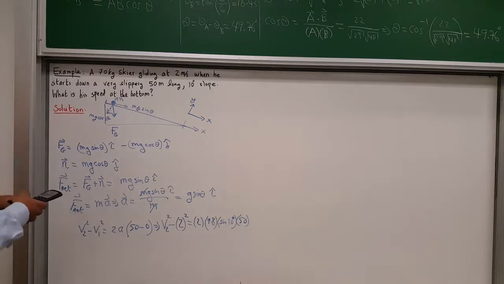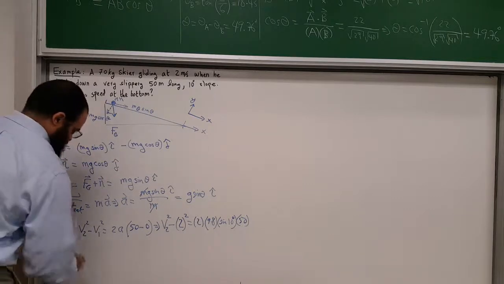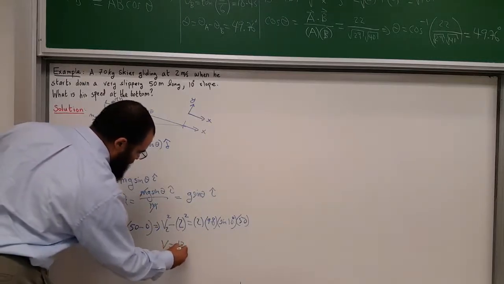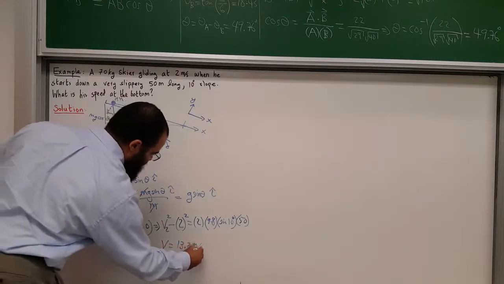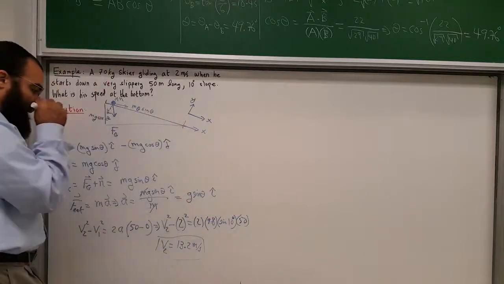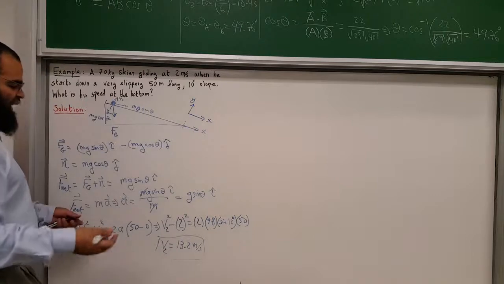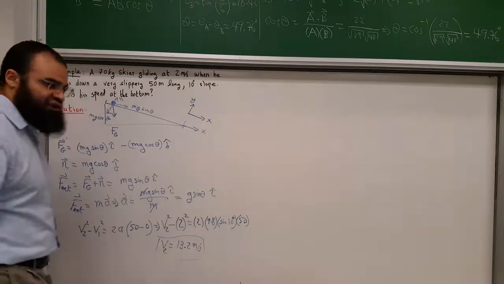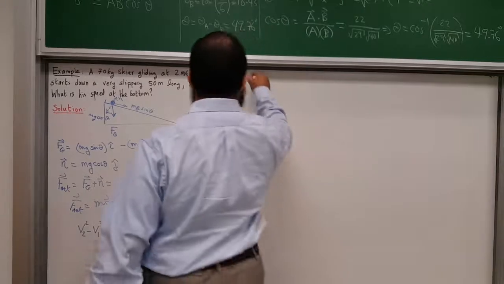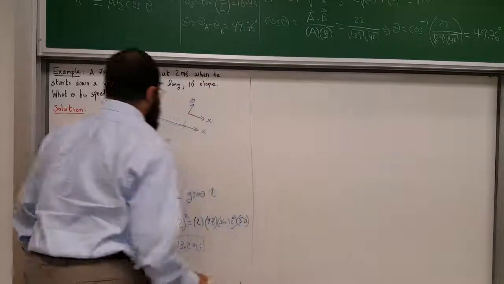You get 13.2, so V2 equals 13.2 meters per second. The speed down here would be 13.2, and the direction is in the x direction. Let me make sure I got it right before I continue. Yes, 13.2.